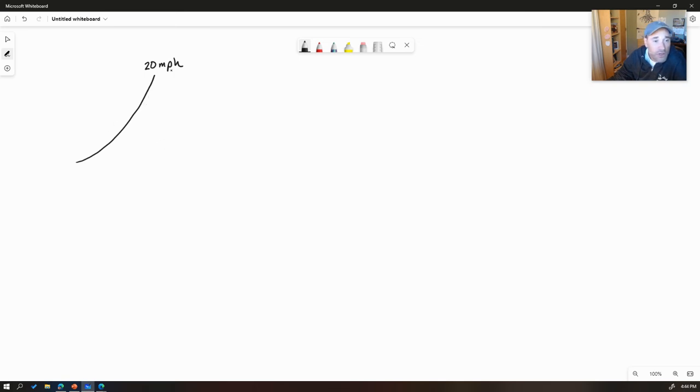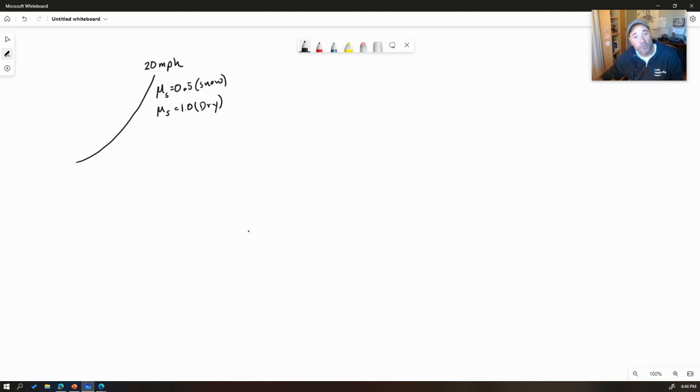It can do this on a snowy day when the coefficient of static friction is 0.5, this is for the snow. And on the dry day, the static friction is 1.0.